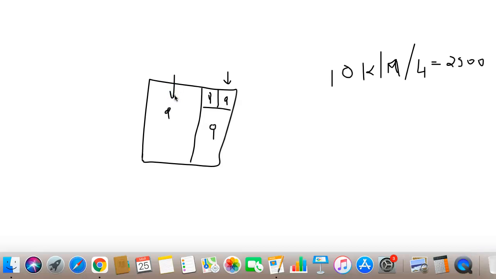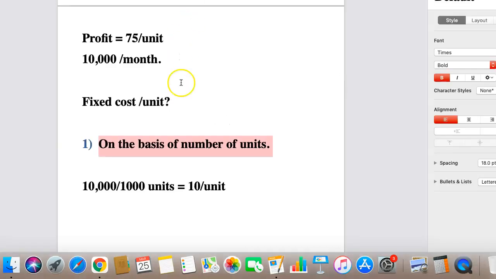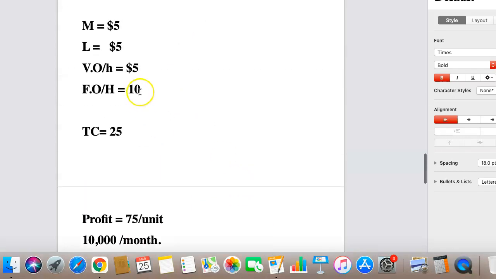So you will say this is not fair, and this way of calculating the fixed cost of rent per unit is not appropriate, it is not fair. You're having a problem with it.